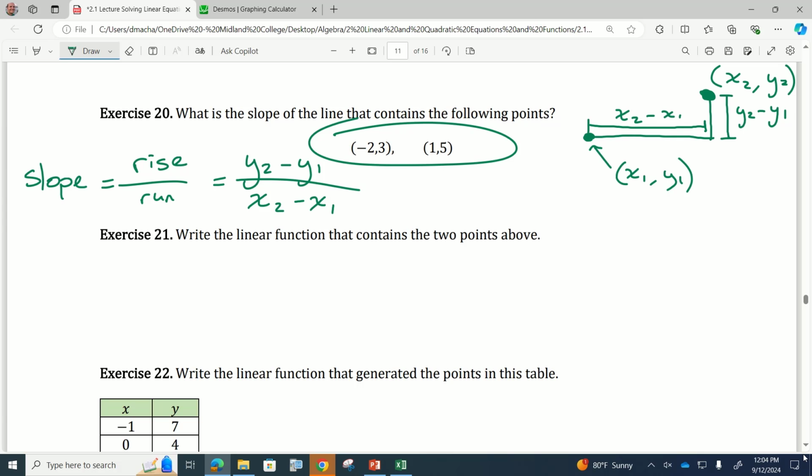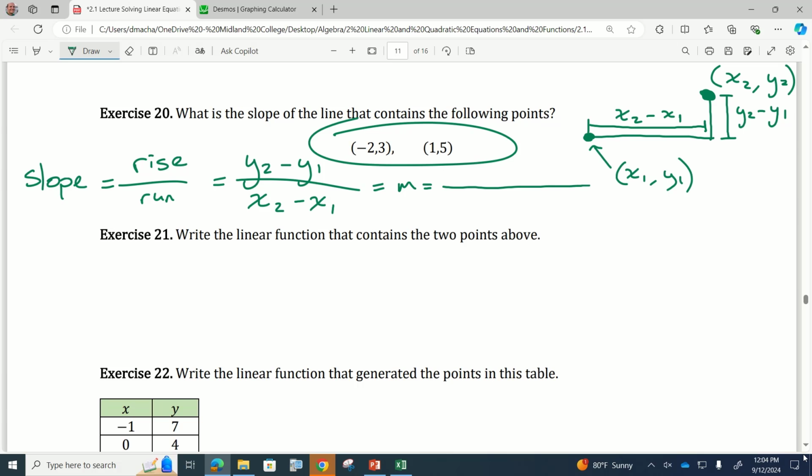That tells me what's the difference between these points only in the horizontal direction. And so I can write this formula. I can say the slope is equal to the second y coordinate minus the first y coordinate divided by the second x coordinate minus the first x coordinate.